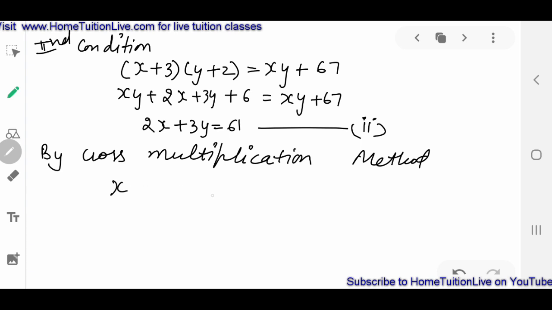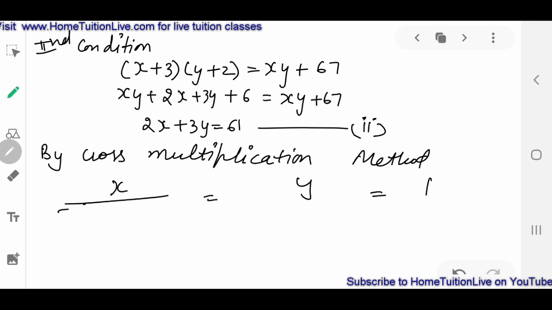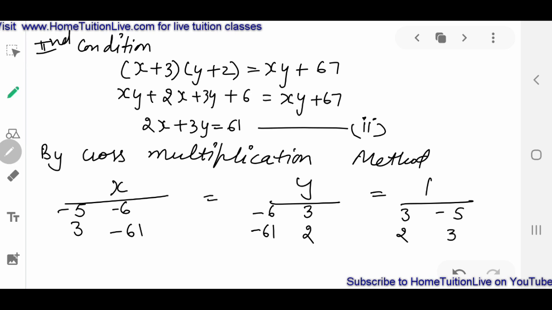x upon b1 c2 minus b2 c1 equals y upon c1 a2 minus c2 a1 equals 1 upon a1 b2 minus a2 b1. Here b1 is minus 5, c1 is minus 6, b2 is 3, c2 is minus 61, a1 is 3, a2 is 2. Now multiply in this direction for the values of x and y.